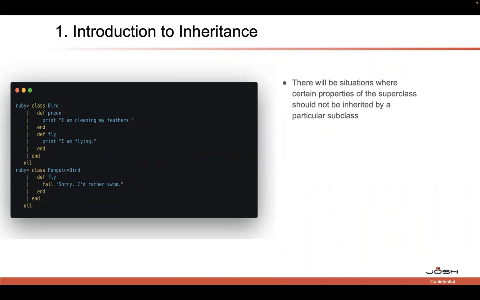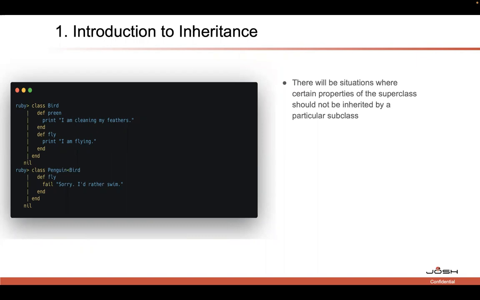There can be certain situations where you think that certain properties of a superclass are not applicable to a subclass. Like all the birds can fly, but a penguin is also a bird, and a penguin can't fly. So there are two types of designs we can basically follow.